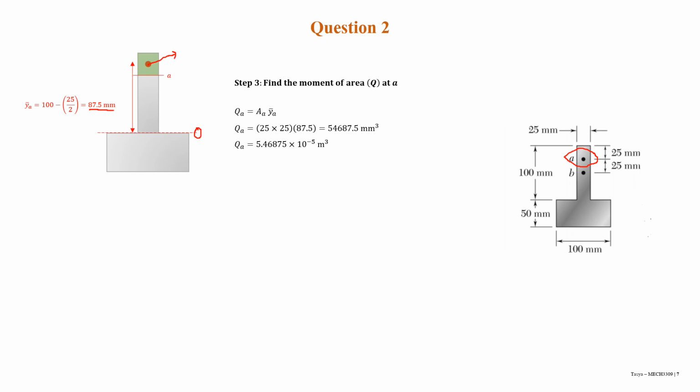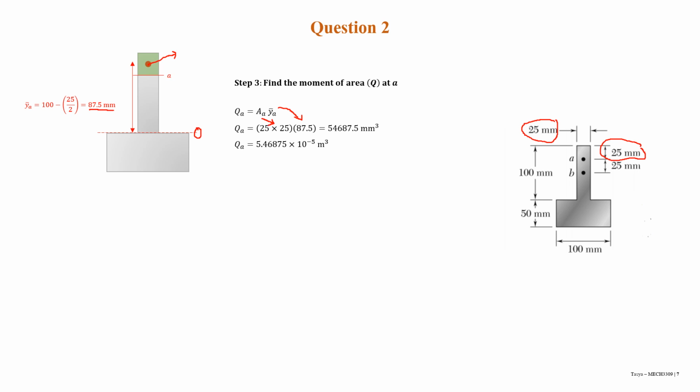So we need to put the value of YA here, and the area A is found by multiplying the base by its height. Let me erase this first. The base is 25 millimeter, right? And the height for A is 25 millimeter. So the area is 25 times 25.